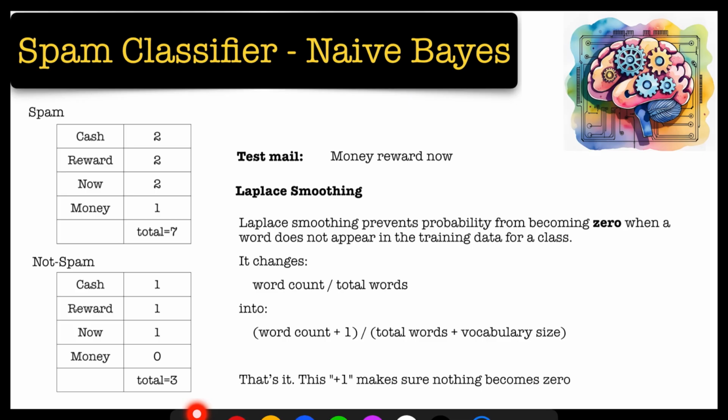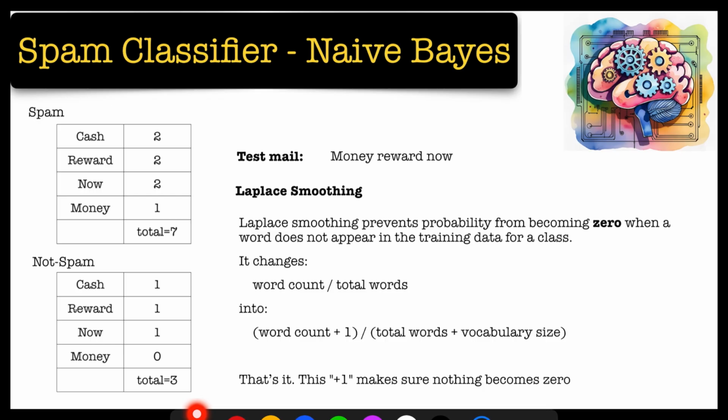What Laplace smoothing does is it prevents probability from becoming 0 when a word doesn't appear in the training data for a class. That's what happened here. In the test email we had money, but for the not spam class we didn't have money, right? So Laplace smoothing changes the way we calculate the probability.